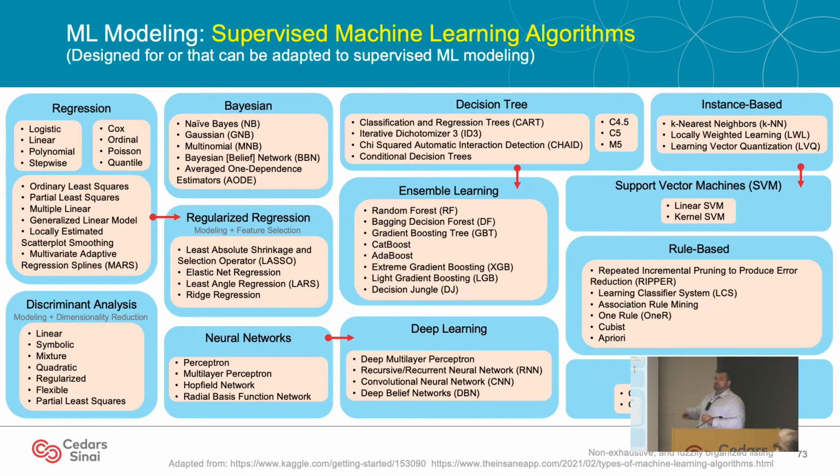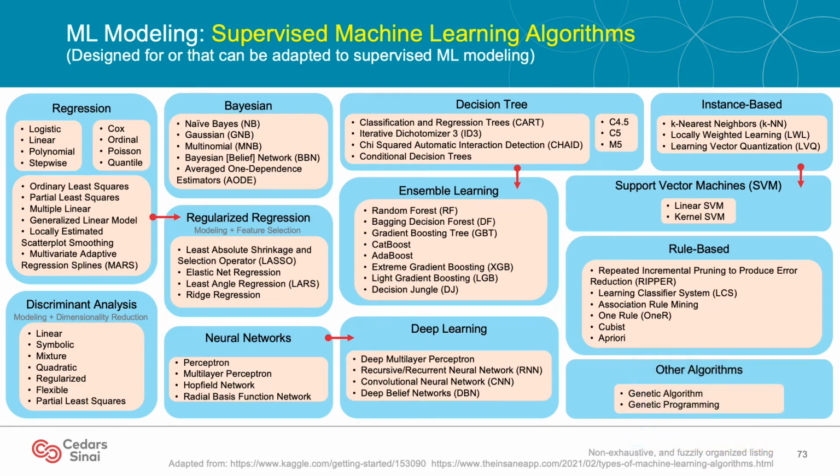I've tried to group commonly used machine learning algorithms into respective groups, and some groups are related to one another, like regression is related here to regularized regression. Decision trees have a connection to ensemble tree-based learning. Instance-based methods have a connection to support vector machines, and neural networks have a connection to deep learning.